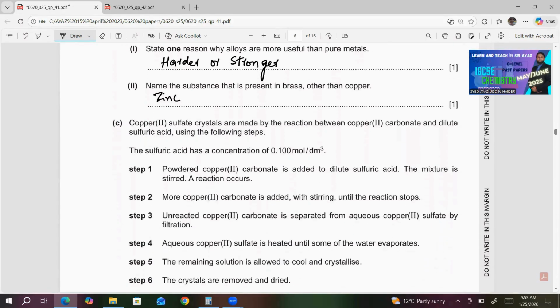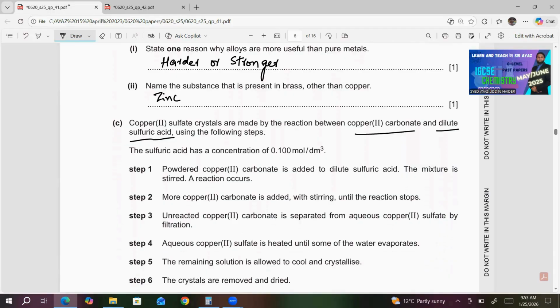C. Copper 2 sulfate crystals are made by the reaction between copper 2 carbonate and dilute sulfuric acid using the following steps. The sulfuric acid has a concentration of 0.1 mole per dm cube. Powdered copper 2 carbonate is added to dilute sulfuric acid. The mixture is stirred, a reaction occurs.